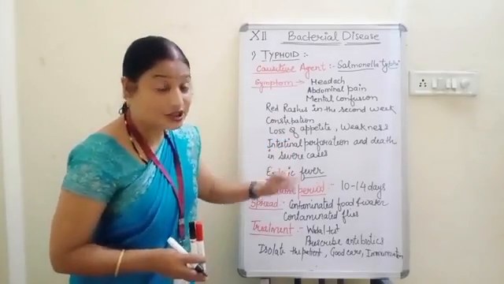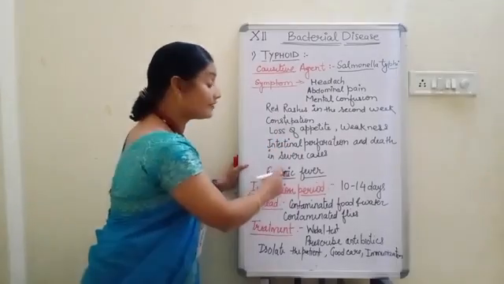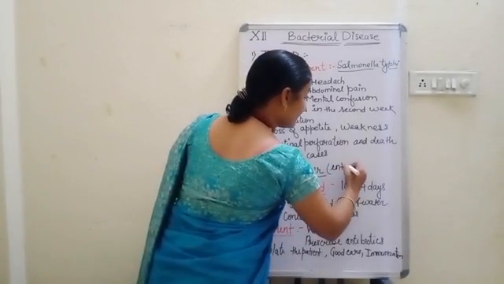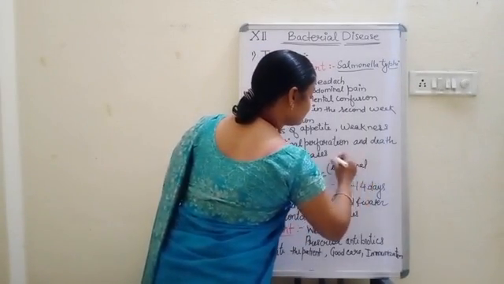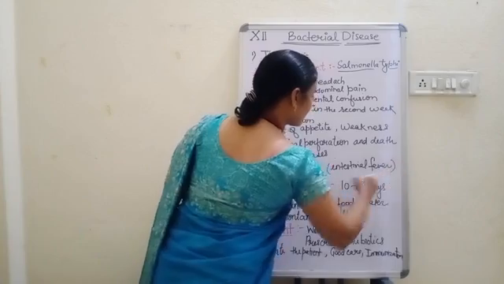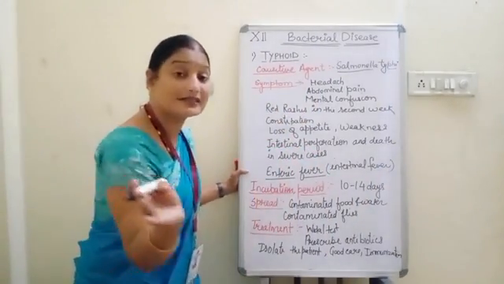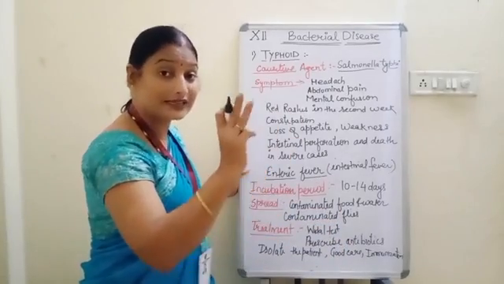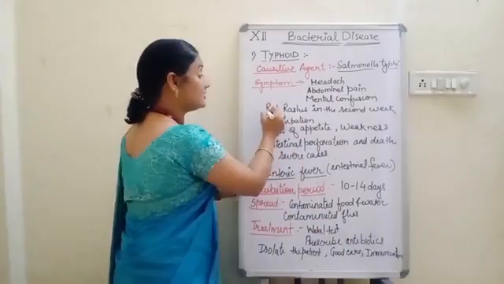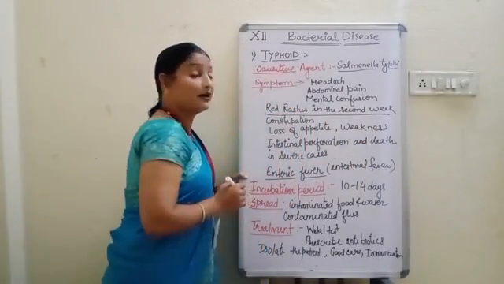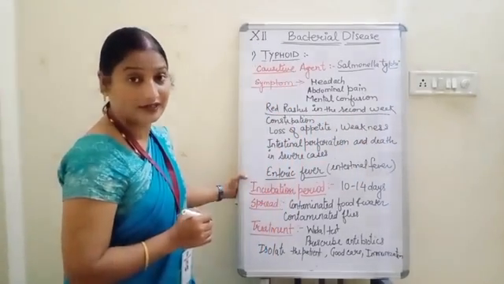And that situation is enteric fever. And the meaning of enteric fever is intestinal fever. Okay? If the fever persists for 2 weeks continuously, and if there are red rashes in the body, then we can say that a person is suffering from typhoid.